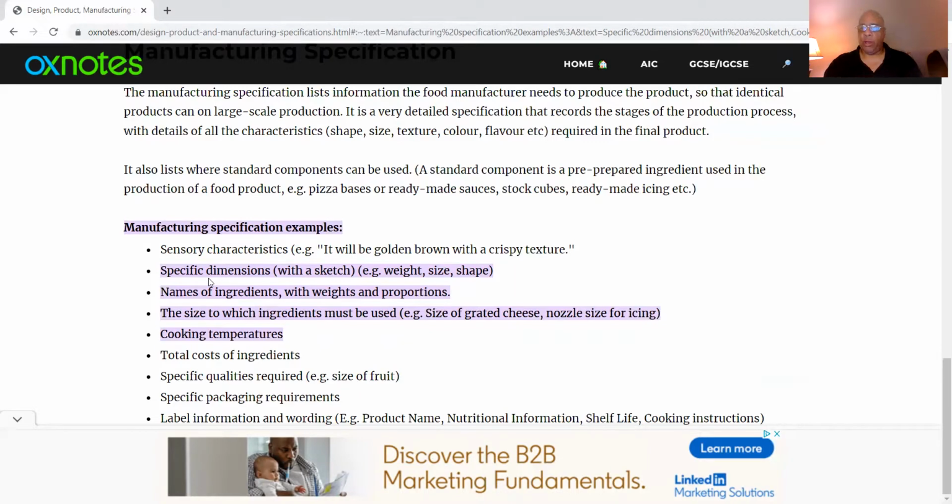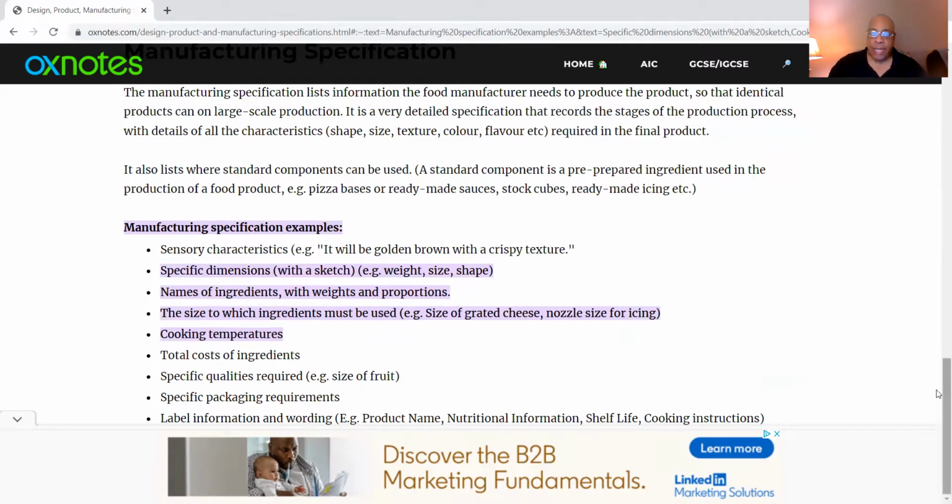Now, one thing I will tell you about specifications, what accommodates specifications and standards, you're going to have standard drawings. And that's what this specification is telling you, because you're dealing with weight, size, and shape. Names of ingredients, the size to which ingredients must be used, size of grated cheese, nozzle size for icing, cooking temperatures.